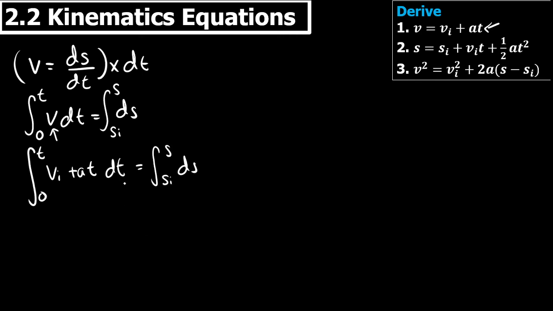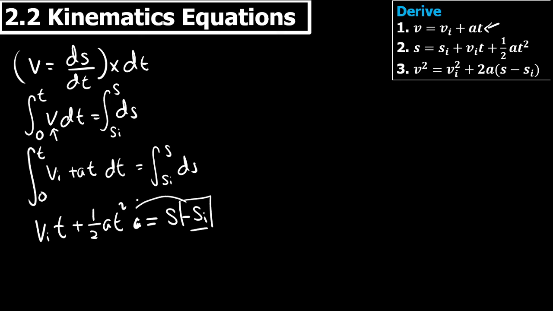So we have to integrate that. What we will have is vi t plus half at squared, which equals s minus si. Again, bring this si to the other side, and what we have is s equals si plus vi t plus half at squared.